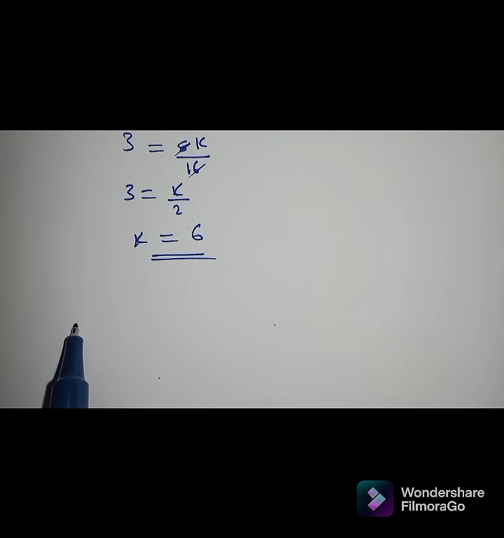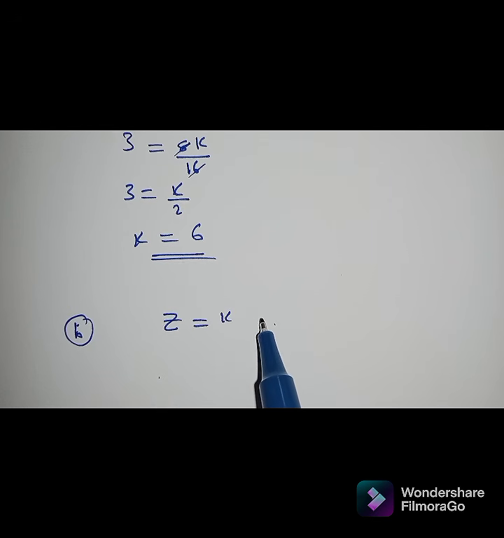For question B, they're saying we find the value of z when x is equal to 18, y is equal to 3. So we use the same formula. They want us to find z is equal to k, which we just found is 6, times x is 18 over y is 3.